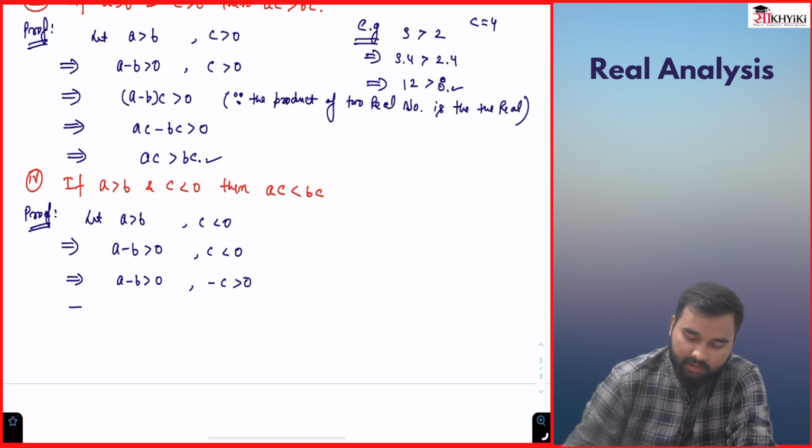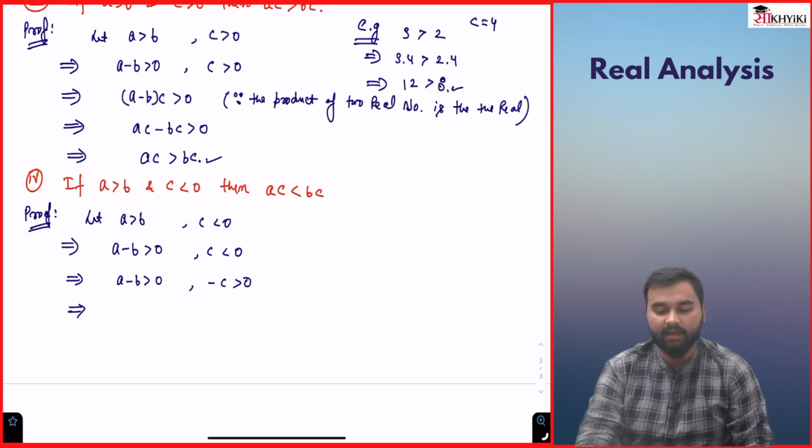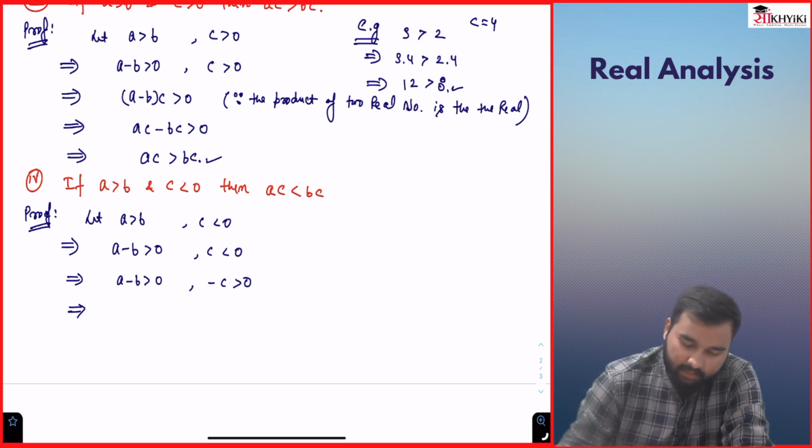Again we have two positive real numbers: first is A minus B and second is negative of C. If I multiply them, what do we get?